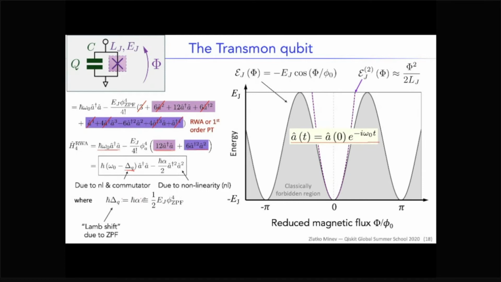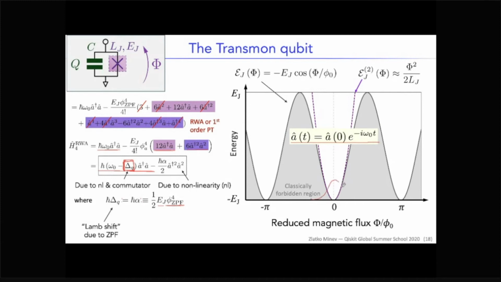The way we can interpret the term on the left is that this piece only exists because A and A dagger don't commute, which represents the quantum zero-point fluctuations, and the amplitude of this term is exactly dictated by the size of the nonlinearity times the amount of fluctuations of the mode. Because it's a nonlinear mode, when it fluctuates, the fluctuation activates the nonlinearity.